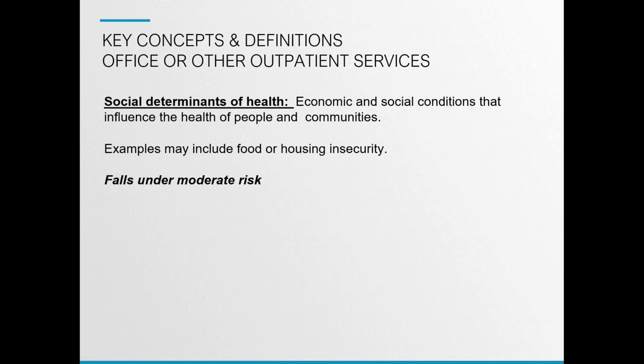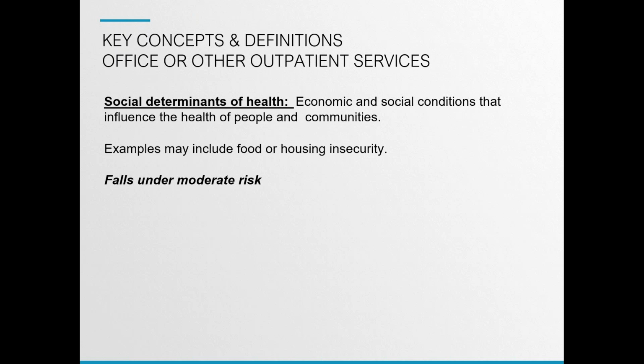Social determinants of health is a new concept this year, and it's an important one because this is going to fall under moderate risk. And keep in mind that risk is just one of those 3 components. You need 2 of the 3 components. So just having social determinants in and of itself doesn't make it moderate.